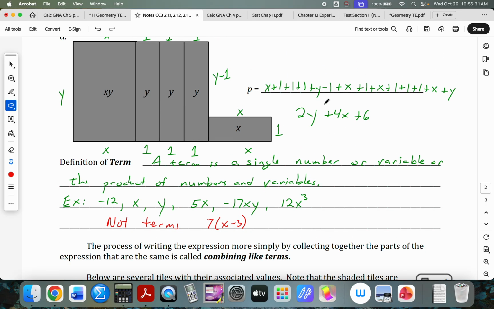So instead of having 2 individual y's, now we have 2y. That's a single term. So this has 3 terms. The 2y, the 4x, and the 6 are each individual terms.